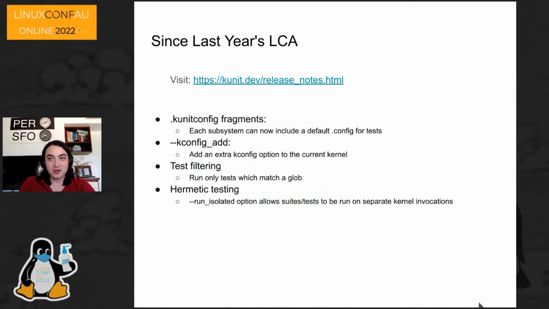There are also a number of better ways of selecting which tests get run. If you're a maintainer, you can now put a .kunit config file in a directory of the kernel source code for your subsystem and list all of the options that you want KUnit to use when testing that subsystem, and people can pass the path to that KUnit config fragment in, the path to that subsystem in, and the kernel will be built with all of those features and tests included, and will be run.